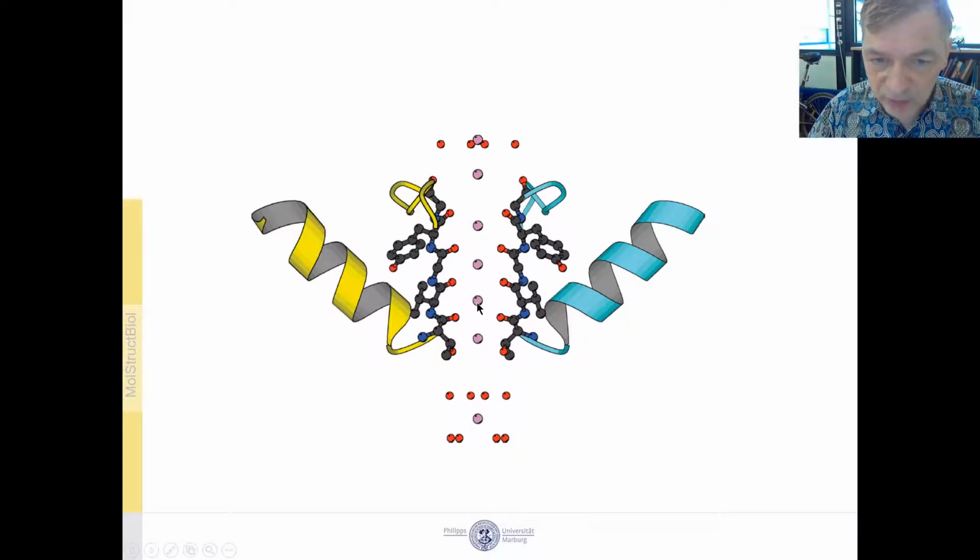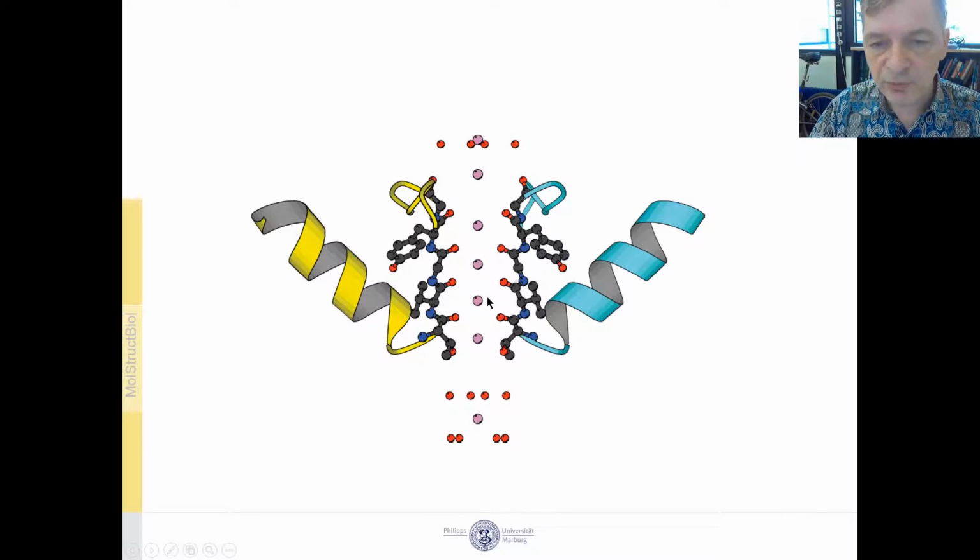So each of these ions is surrounded by a fourfold symmetric arrangement of these carbonyl groups. So 1, 2, 3, 4, and then also one from the back, because we miss the 2 strands that we do not see, one in front of us and the other one in back of us, because that is cut off now here. So that is actually the central structural part of the so-called selectivity gate that is allowing only potassium ions to intrude into the site here itself.